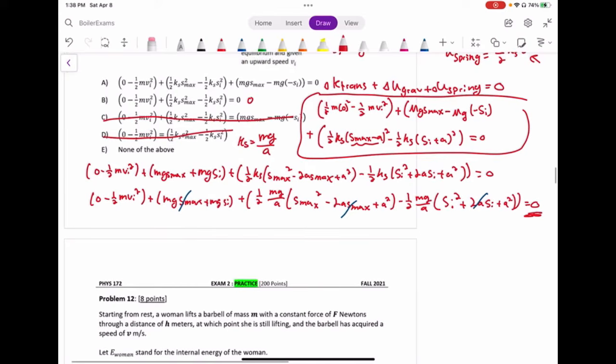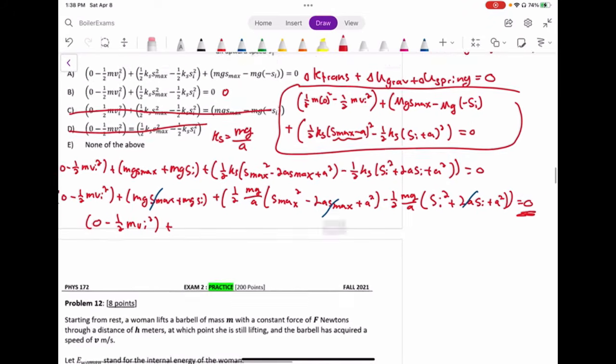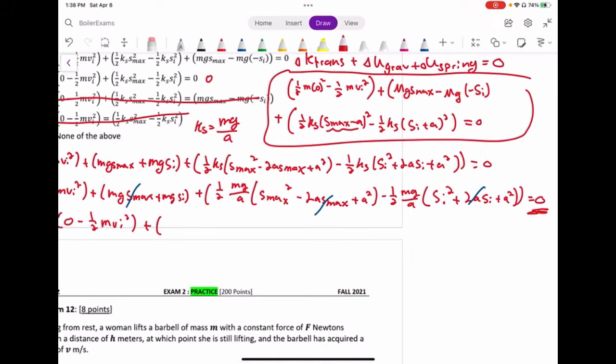Okay, let's rewrite some of the simplifications we just made. Vi squared plus, let's do this, I'm going to do half. Let's distribute that into there. I'm going to say mg over a s max squared plus half, that'll be mga.